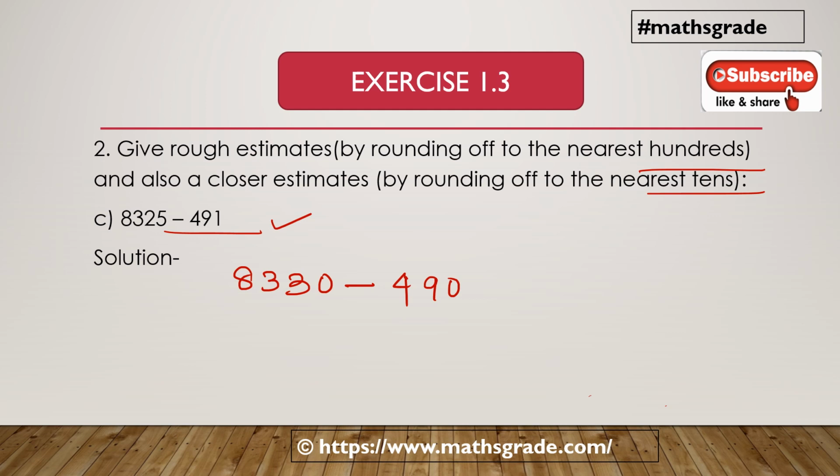Now 8330 minus 490 is 13 minus 9 is 4. 2 minus 4 is 7... 7,840. And this is the answer.